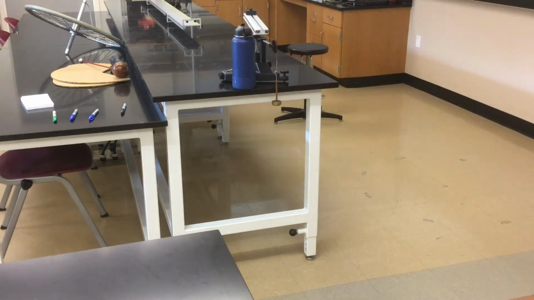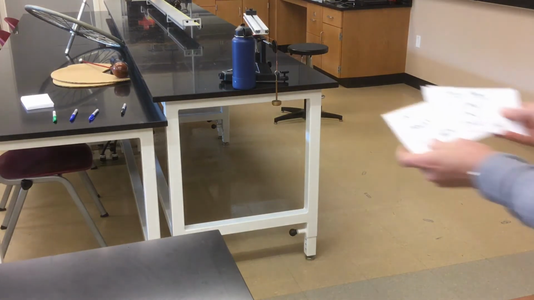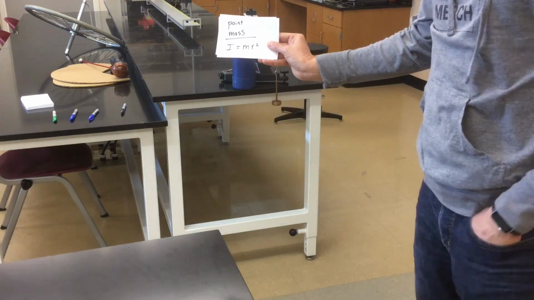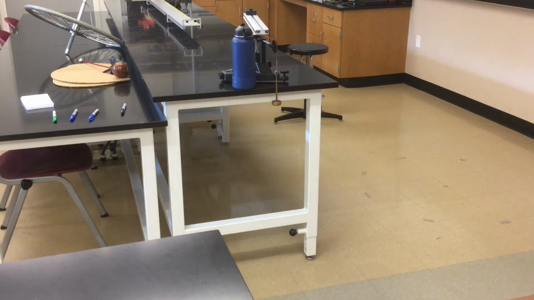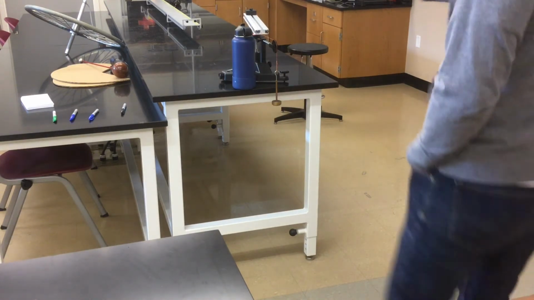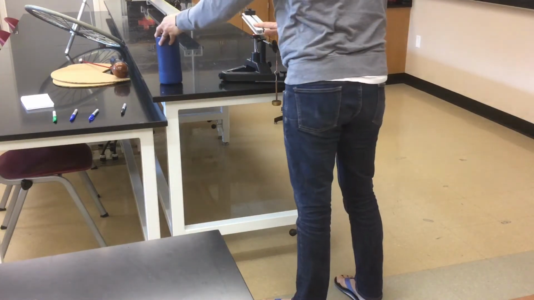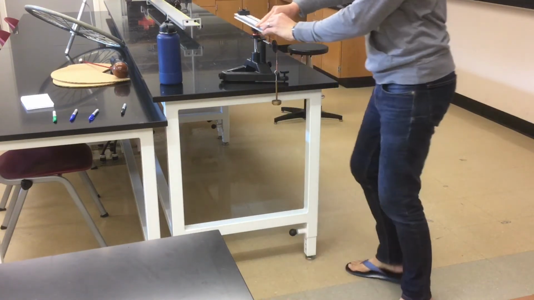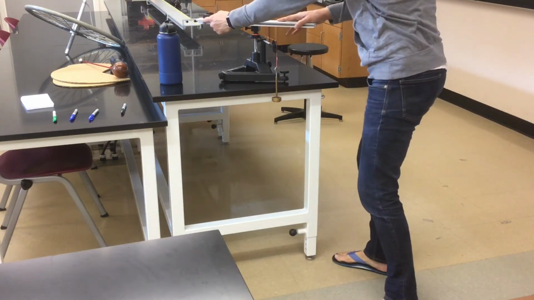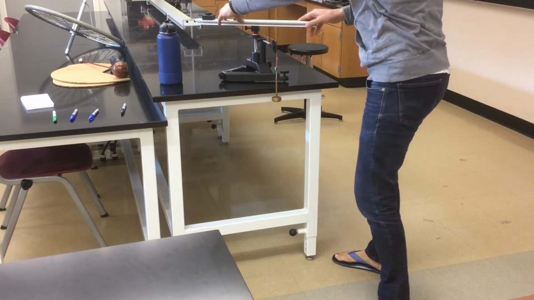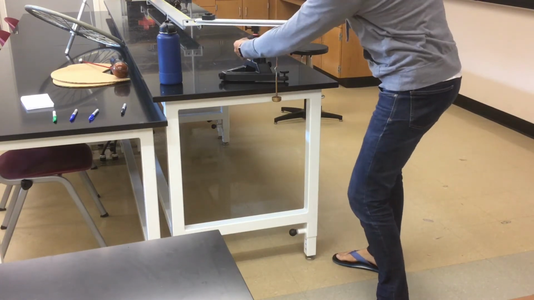So here's an experiment we can do to determine if this formula that says the rotational inertia of a point mass is correct. It goes something like this. We have a compound system. This isn't just a rod rotated about its center, it's a rod with a disc and another rod.